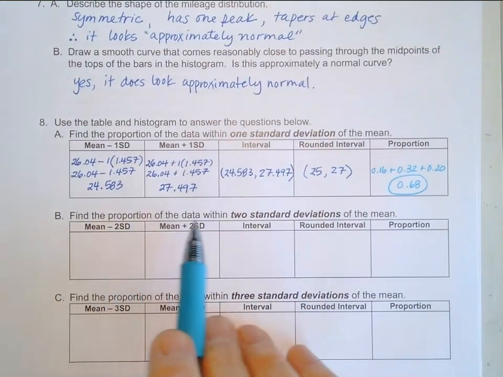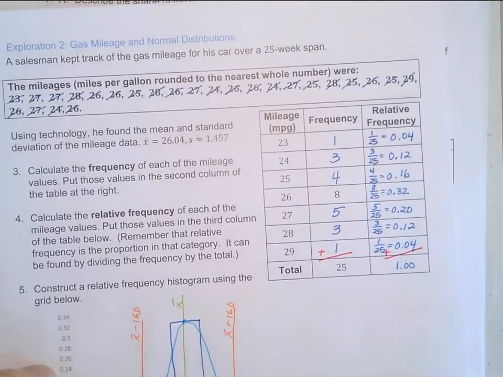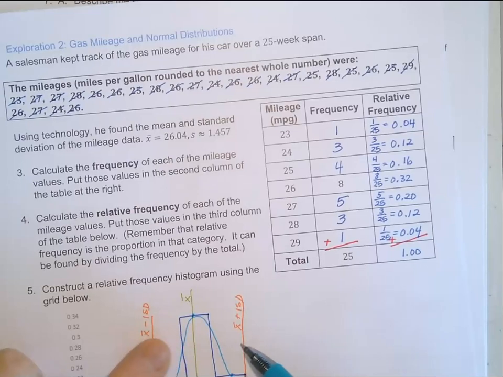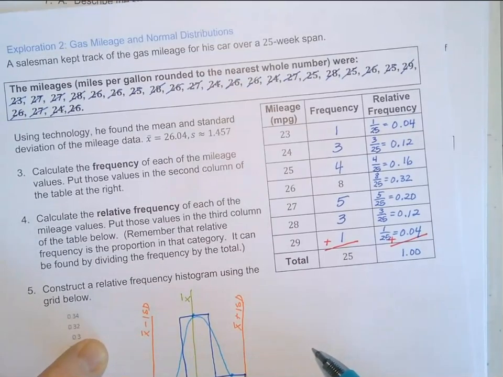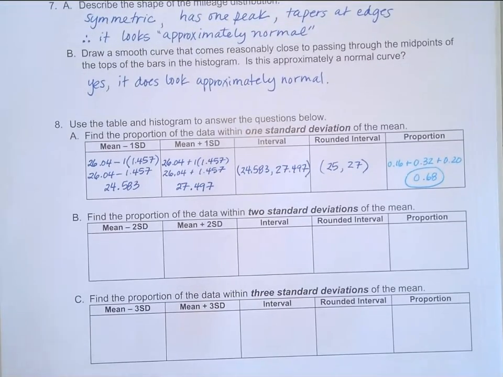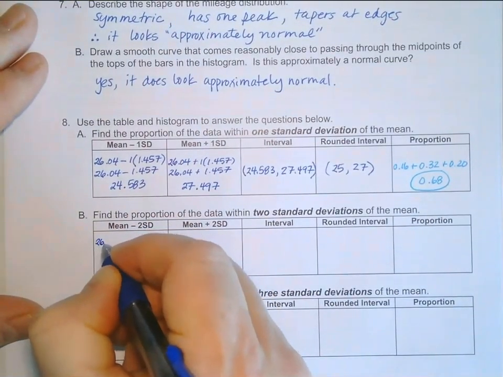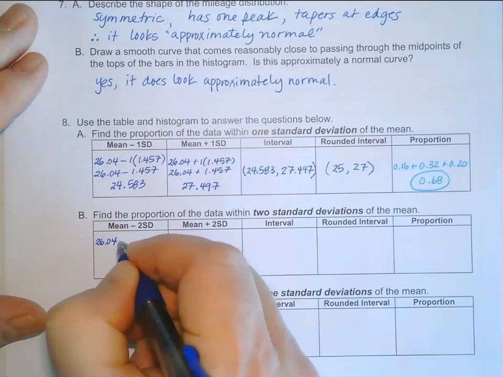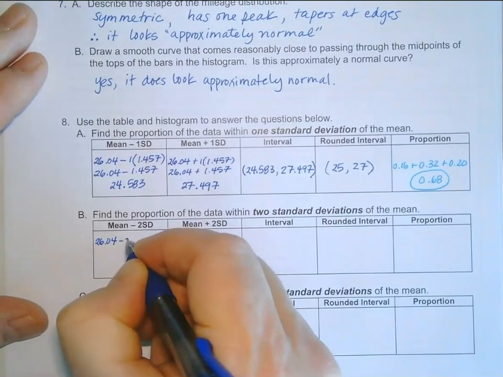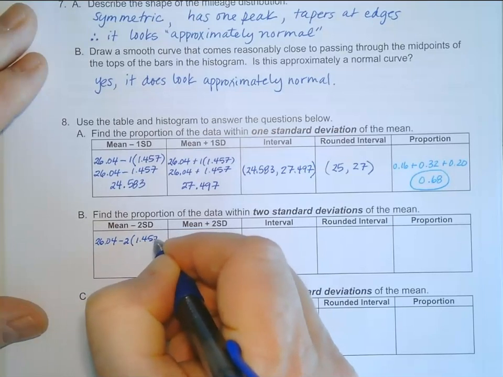Now it says find the proportion of the data within 2 standard deviations. So this is going out 1 in both directions. Now we're going to go out another standard deviation in both directions. Okay? So 2 standard deviations from the mean. So in order to calculate that, we're going to take the mean, which is 26.04, and you're going to multiply minus 2 times that 1.457.